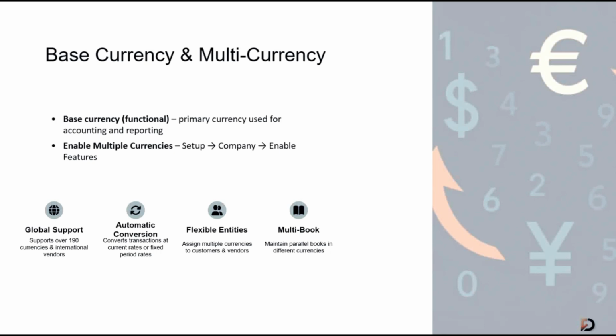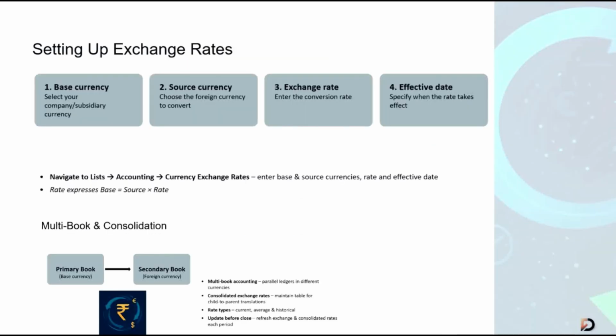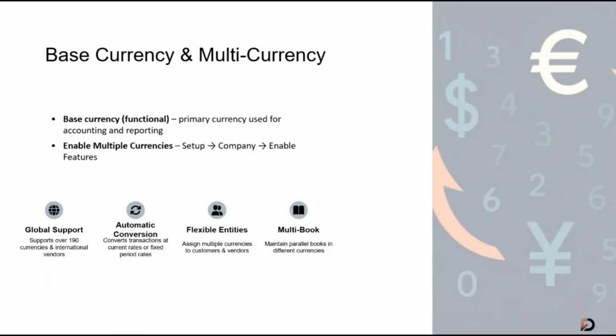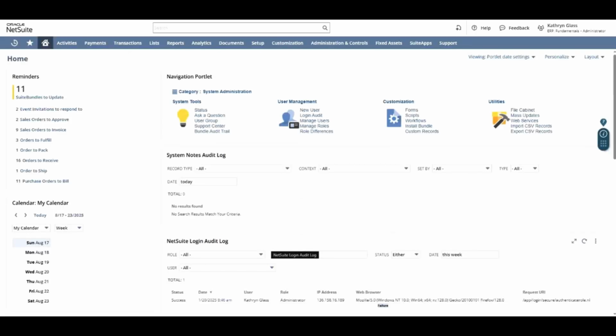And flexible entities: you can assign multiple currencies and multiple subsidiaries to entities like customers and vendors. The multi-book feature is also available with NetSuite. Multi-book means you can create the same transaction in multiple currencies. These will be stored in two different ledgers, so multiple ledgers will be there.